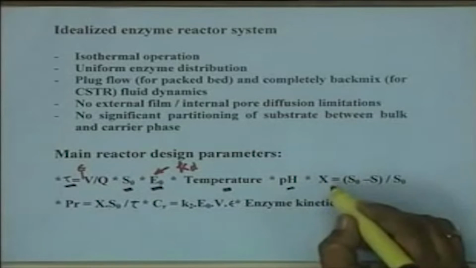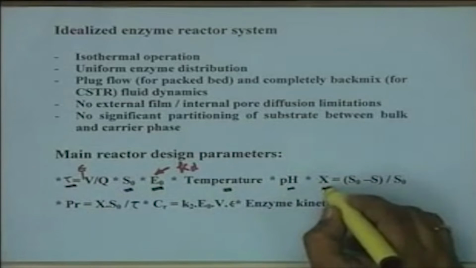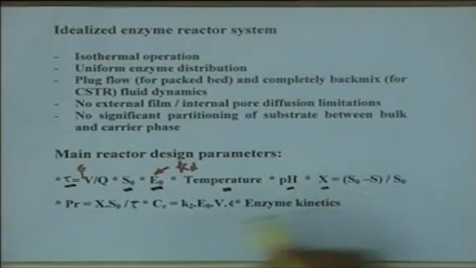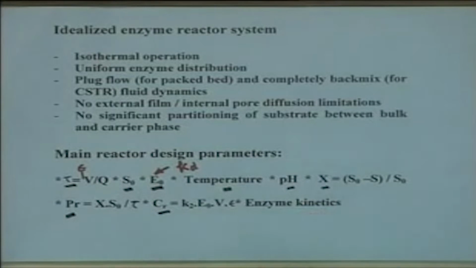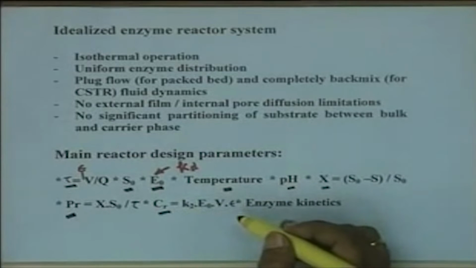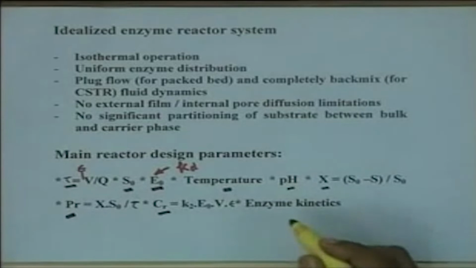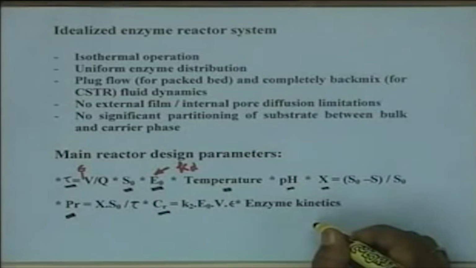These are essentially the reaction conditions. Other design parameters are fractional conversion and productivity and reactor capacity. That means, what is the maximum reaction capacity, assuming that the enzyme reaction follows a maximum reaction velocity, that is a 0 order profile. The productivity of that kind of a reactor will be your reaction capacity. And of course, ultimately I think the performance will be dictated very heavily by enzyme kinetics.